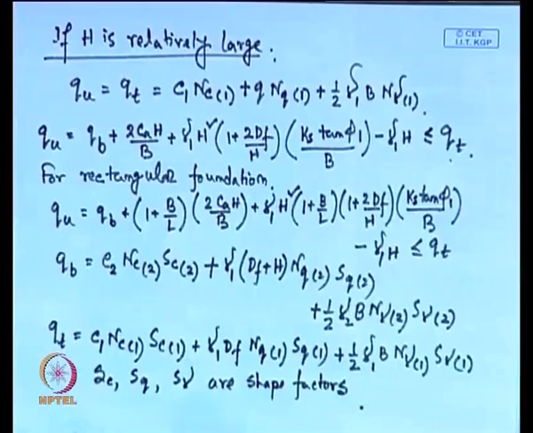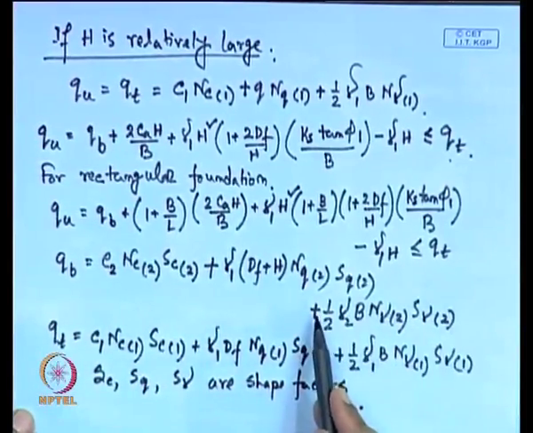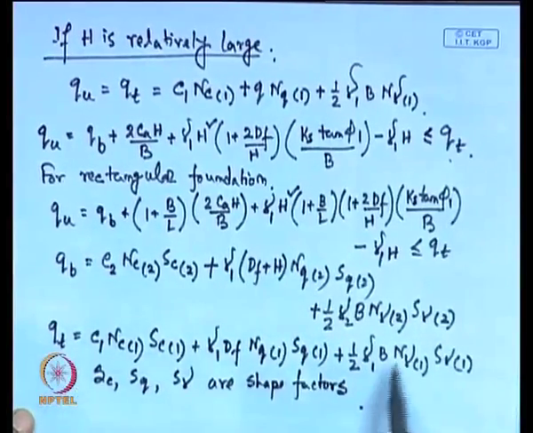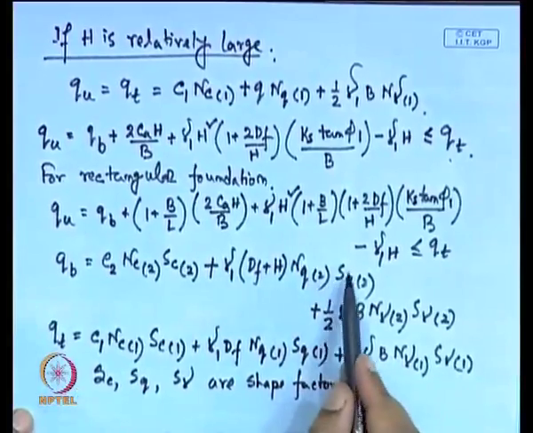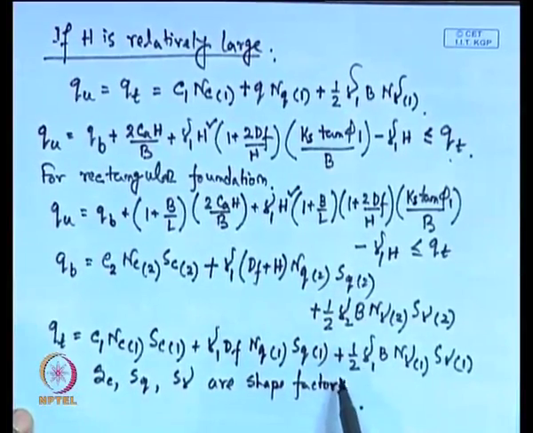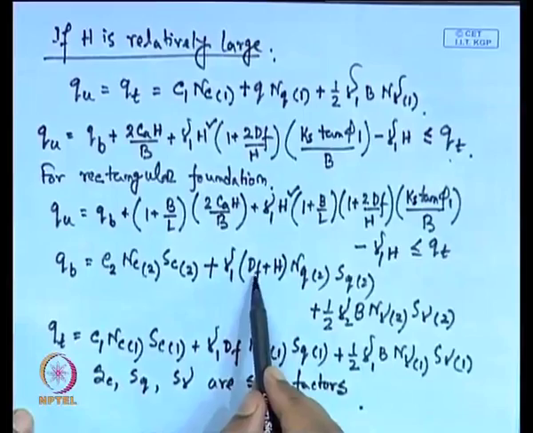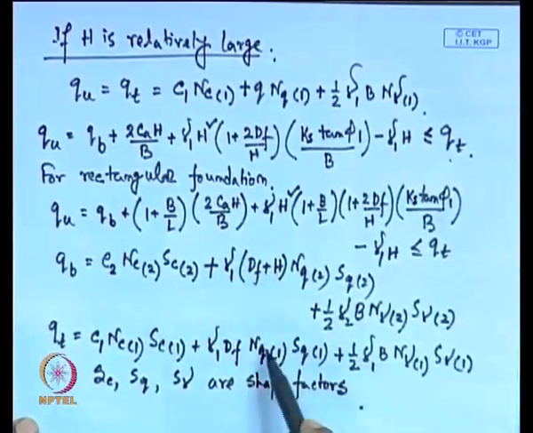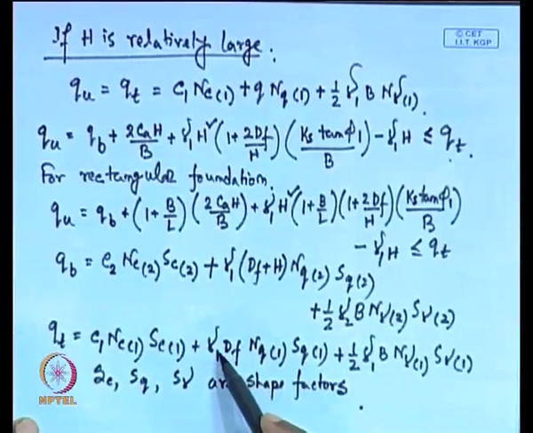So, this way we can determine the Qb for the bottom layer ultimate load carrying capacity, and Qt is the ultimate load carrying capacity of the top layer, where we are including the shape factors also. Here Df plus H is the surcharge for the bottom layer, and Df into gamma 1 is the surcharge for the top layer.